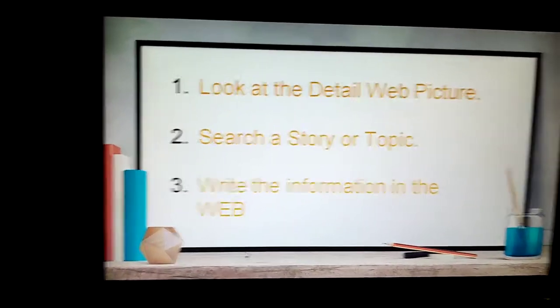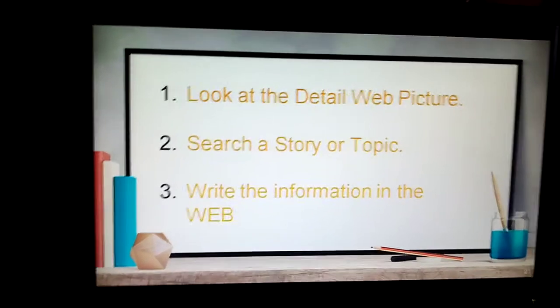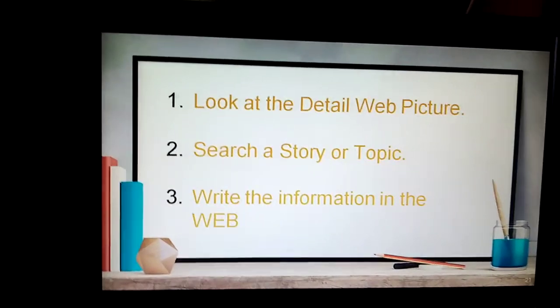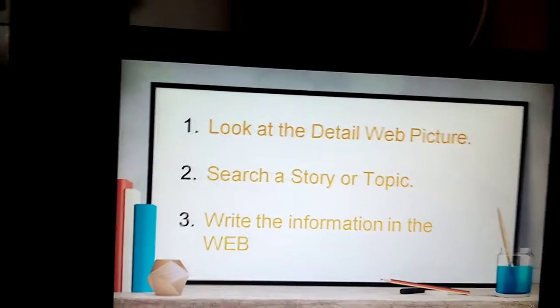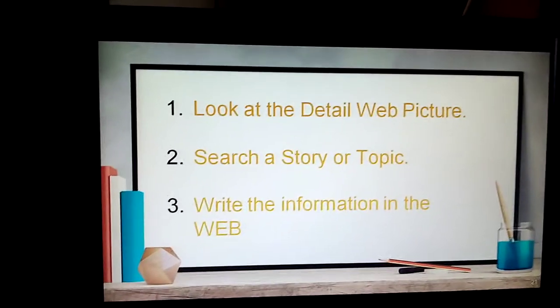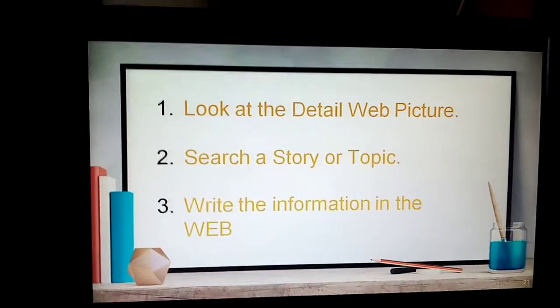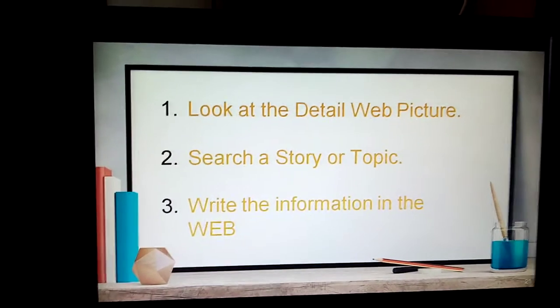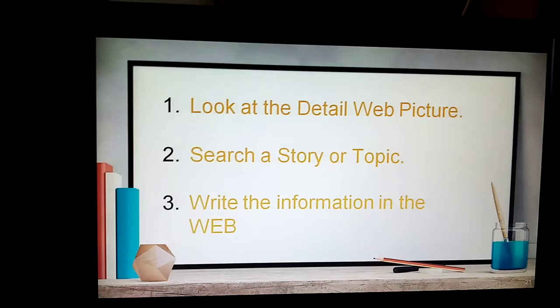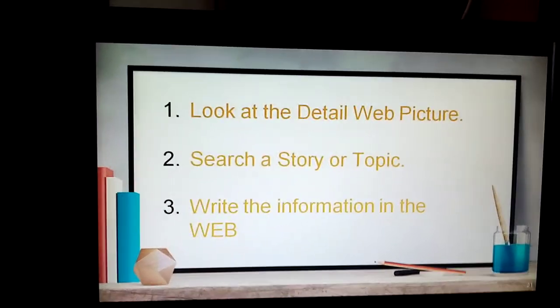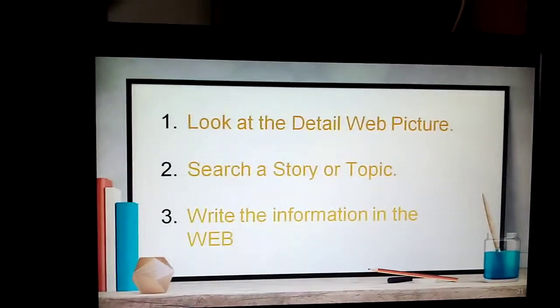First, we're going to search a story or a topic. I sent a picture of a detail web. Look for it in the platform. There you have a detail web. Then you're going to search a story or topic, and then you're going to write the information in the web.